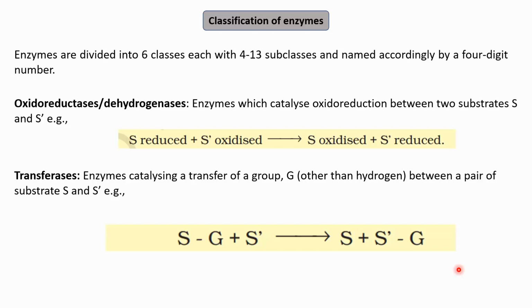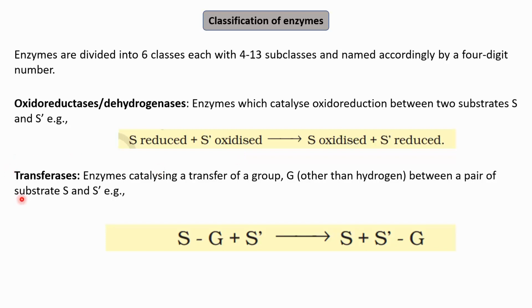So if there is a substrate S that is in the reduced form and an S prime substrate that is in the oxidized form, it catalyzes the oxidoreduction. So basically they are involved in carrying out the oxidation and reduction reaction. The next is the transferases.